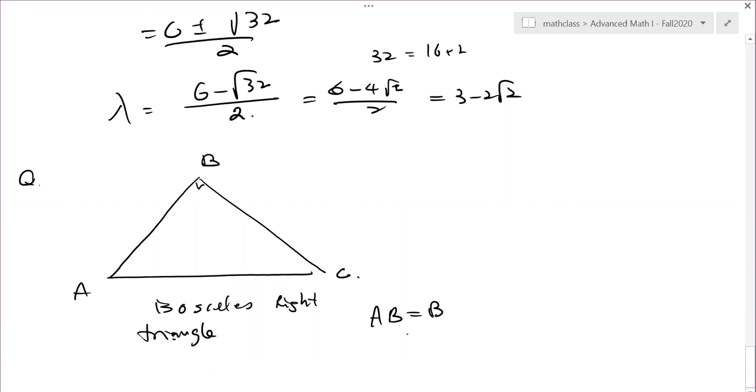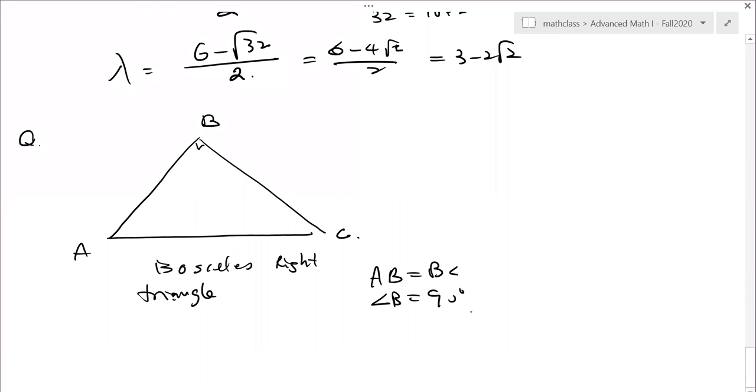The angle at B is 90 degrees. I also know that AC is 24 centimeters long, the bottom part.